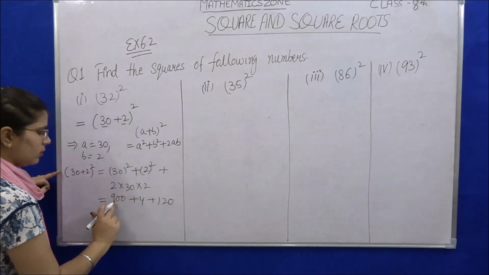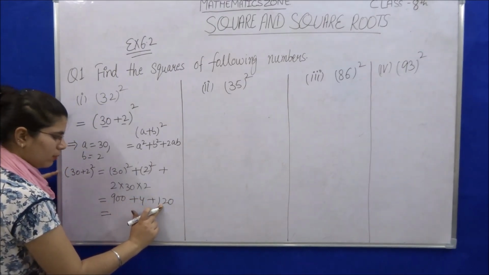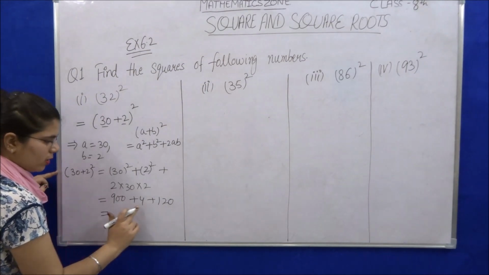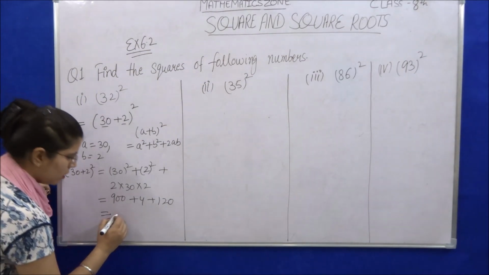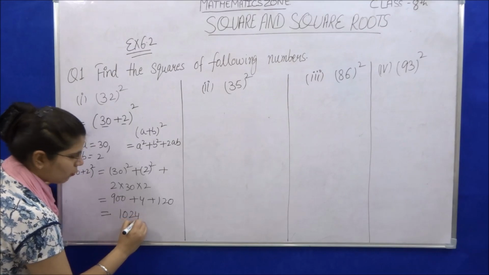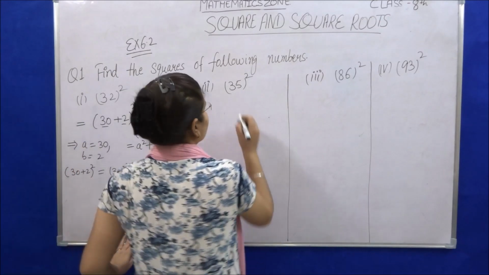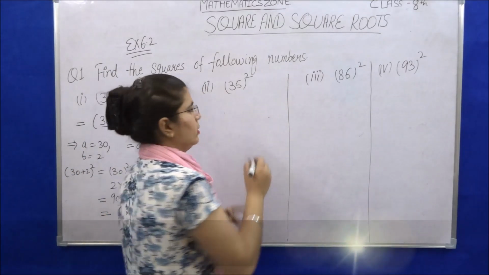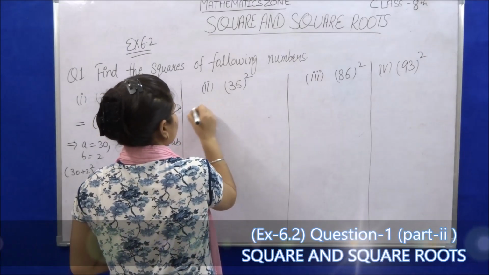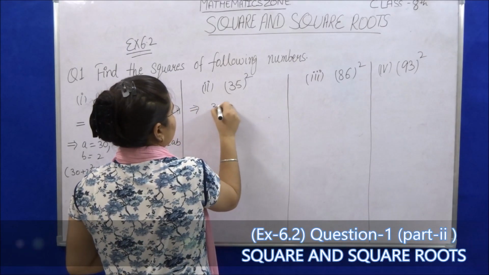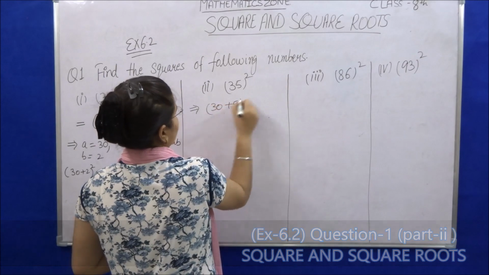Now 900 plus 120 will be 1020. 1020 plus 4, 1024.